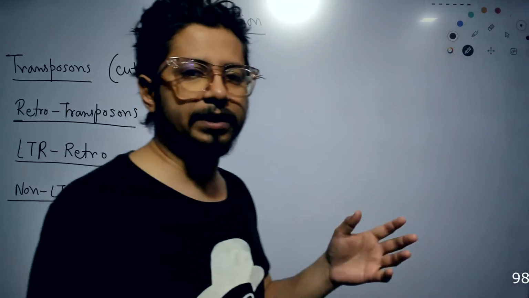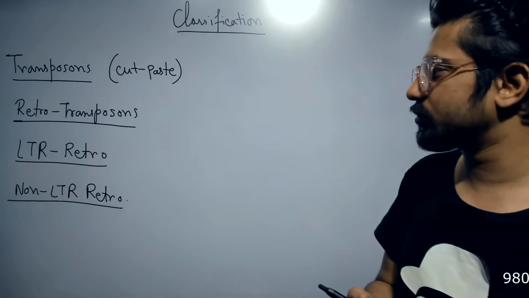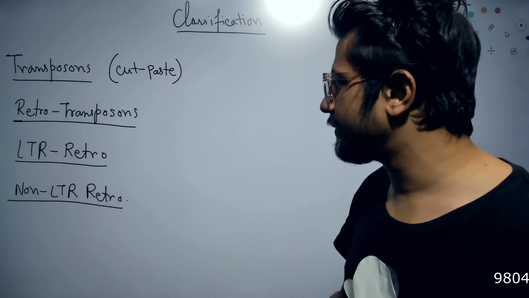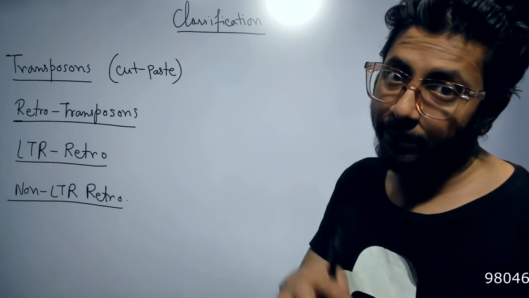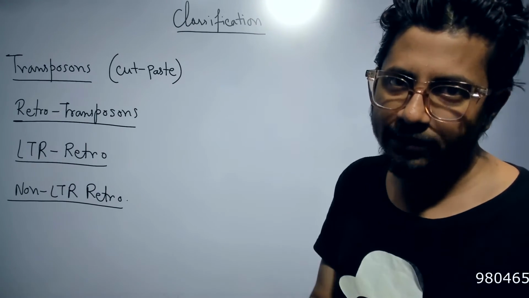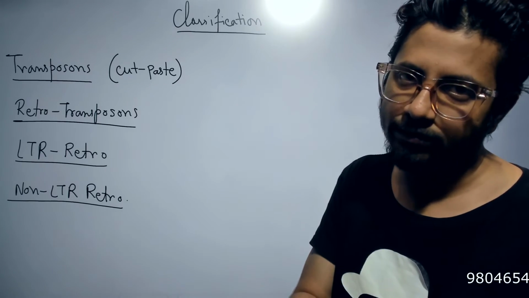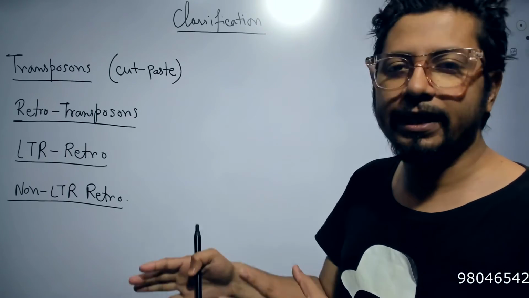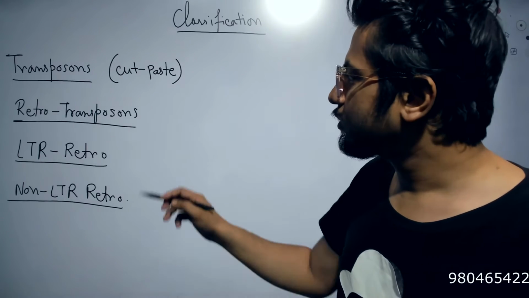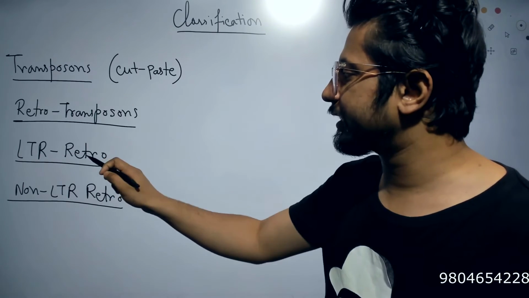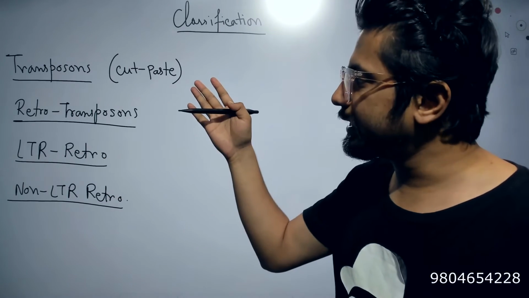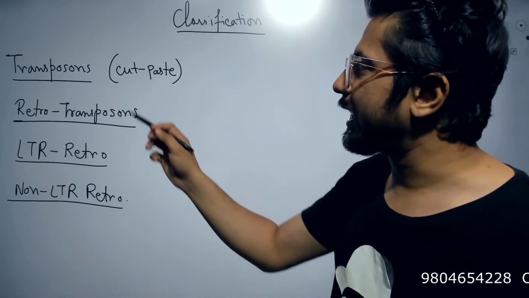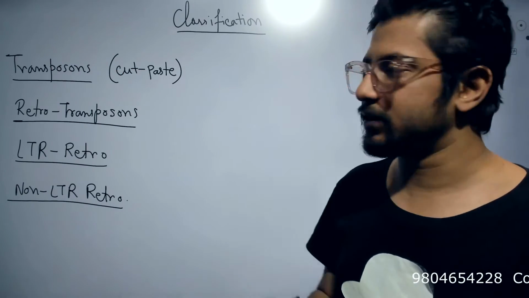And we know the basic difference between transposons and retrotransposons. We know transposons are cut-paste type, retrotransposons are copy-paste type. So from DNA, RNA is made, RNA to DNA is reverse transcribed, and then again the DNA is pasted. So these three types, retro, LTR retro, non-LTR retro, are all copy-paste type, and transposons are only cut-paste type.